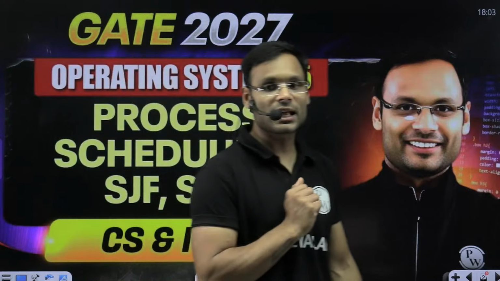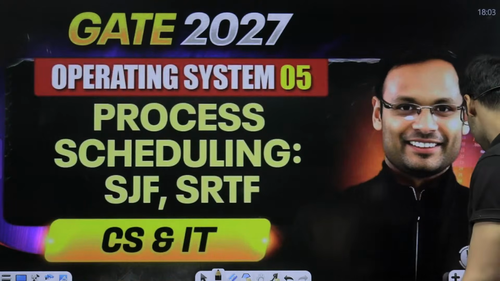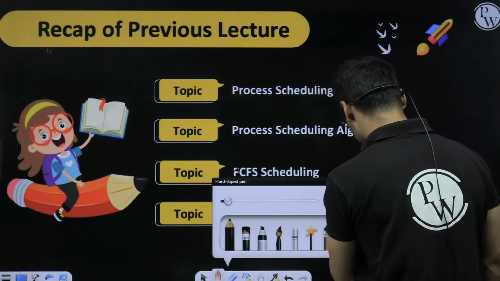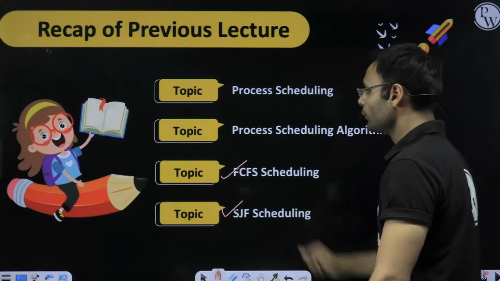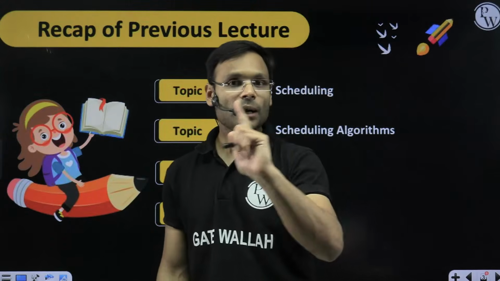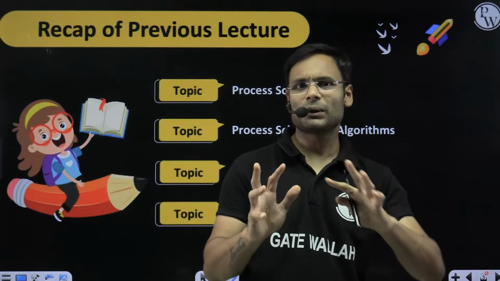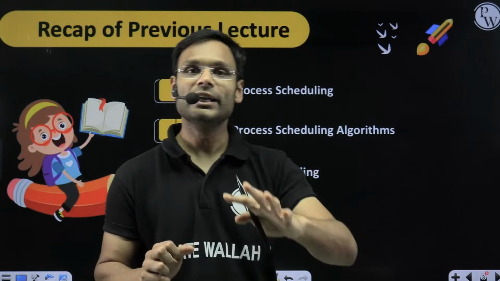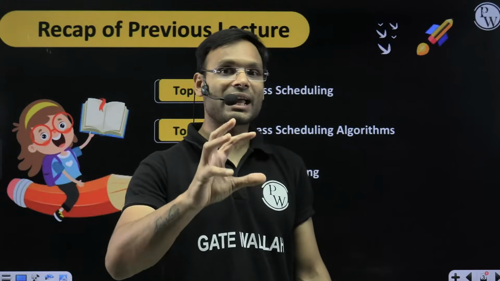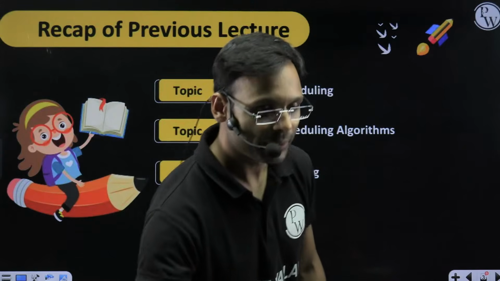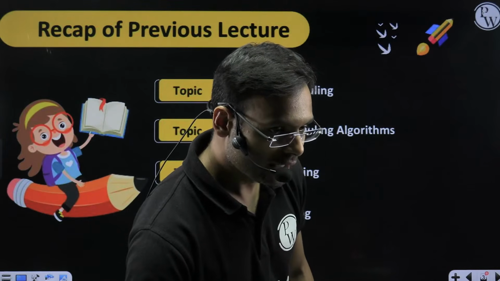We have seen yesterday the advantages and disadvantages for FCFS, and for SJF as well. Some confusion is there, not exactly confusion, two different types of people are there. One who believe that starvation happens in FCFS, others who believe that starvation does not happen in FCFS.